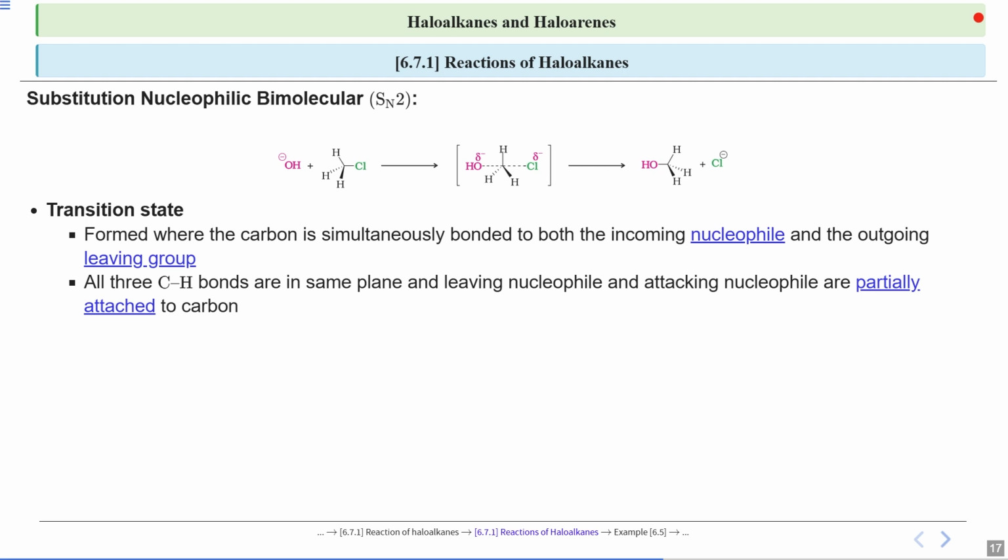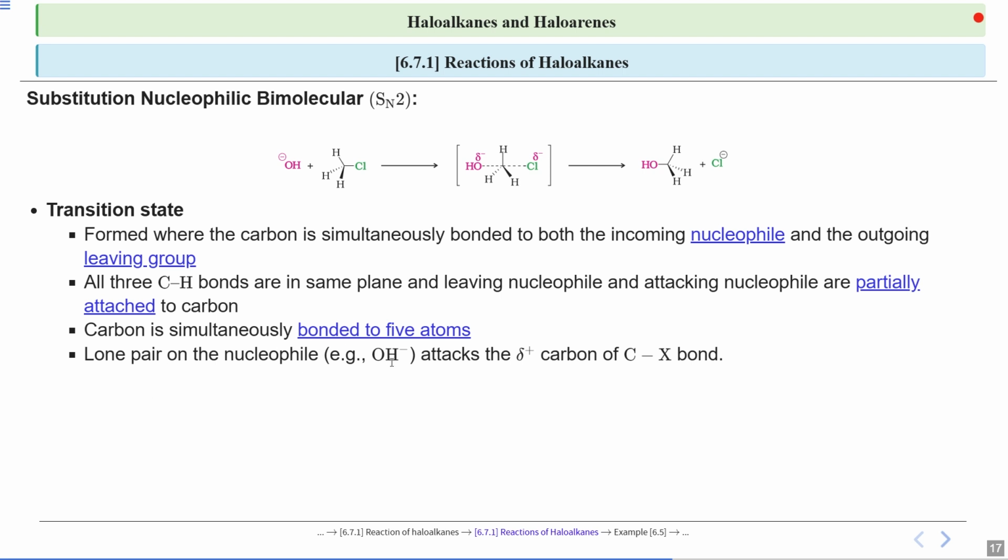In this transition state, all 3 carbon-hydrogen bonds come in the same plane, and the incoming nucleophile and the leaving group, which can be called the leaving nucleophile, are both partially attached to the carbon. So the carbon is simultaneously bonded to 5 atoms at the same time.